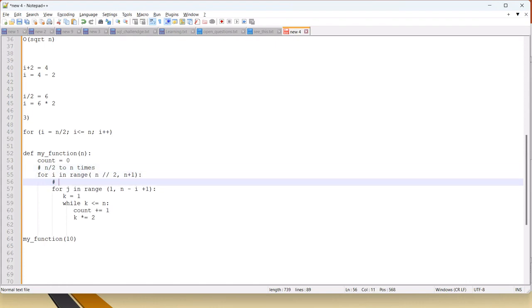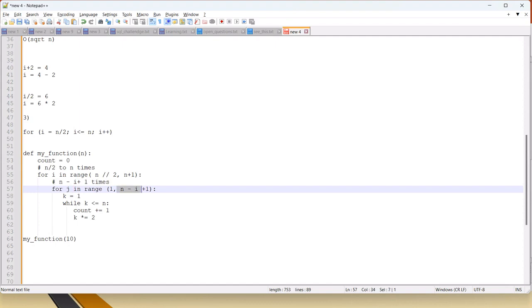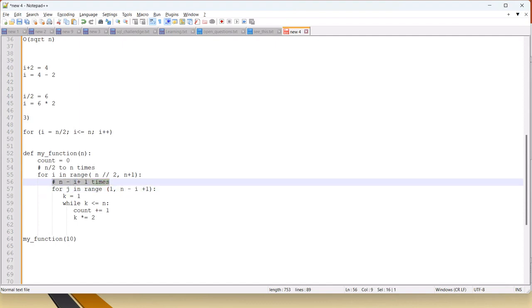Next is this inner loop, what is the range we have? n minus i plus 1, correct? So this for j loop will run that many times, because this is the range that is present.